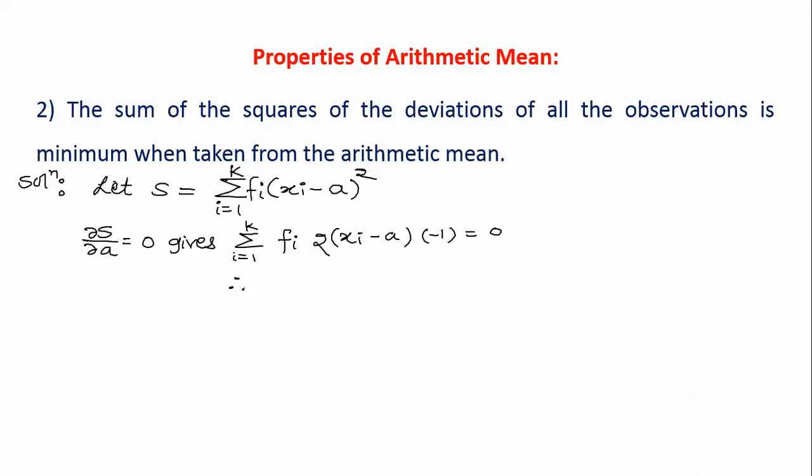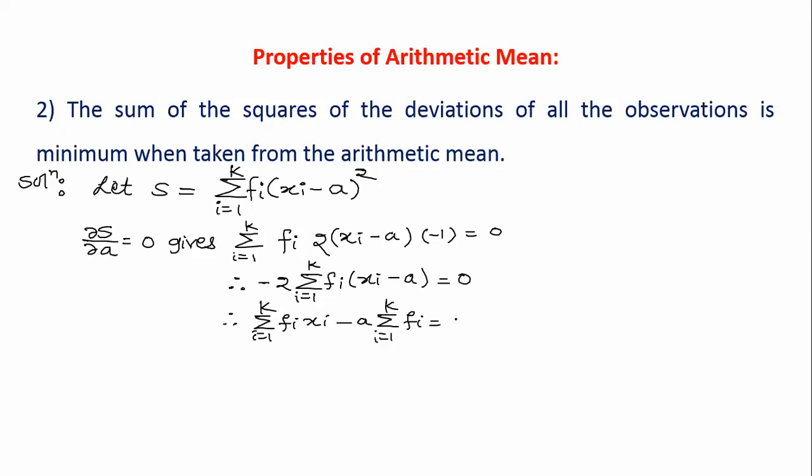Bear with me, so minus 2 can be taken outside: minus 2 summation i from 1 to k, f_i times (x_i minus a), and that is equal to 0. Then you can divide by minus 2, and that will be summation f_i x_i, i from 1 to k, minus summation f_i, i from 1 to k, into a.